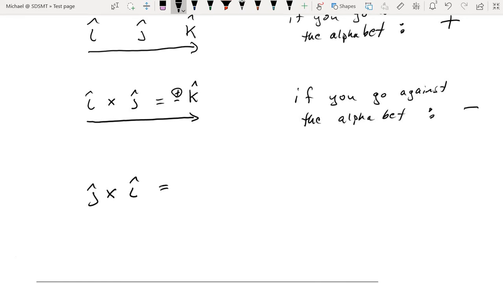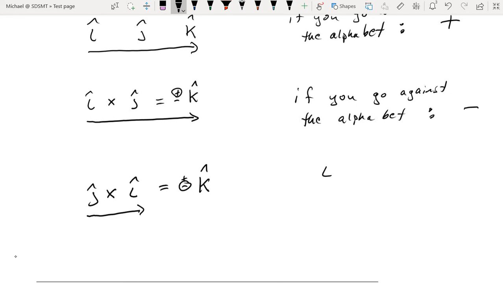Again, we're using I hat and j hat, so all that's left for us is something in the k hat direction, but is it going to be positive or negative? If you go from j to I, is that going with the alphabet or against the alphabet? Well, you're going backwards in the lettering, so that is against the alphabet. And so the outcome is a negative k hat.